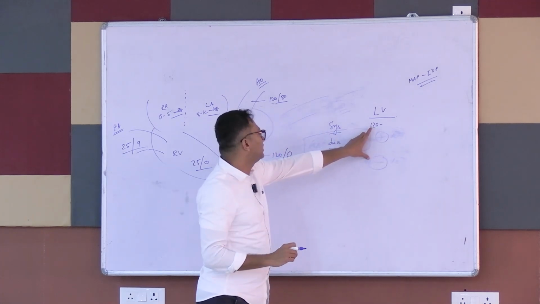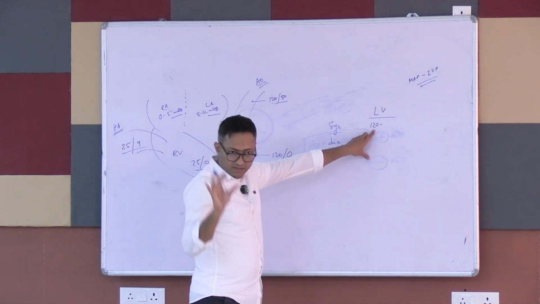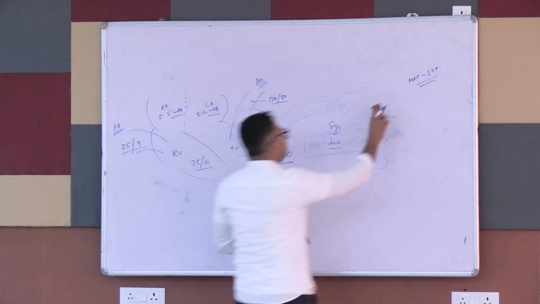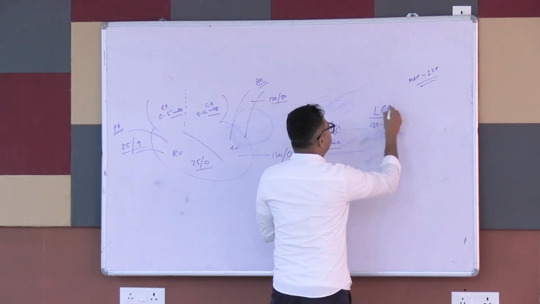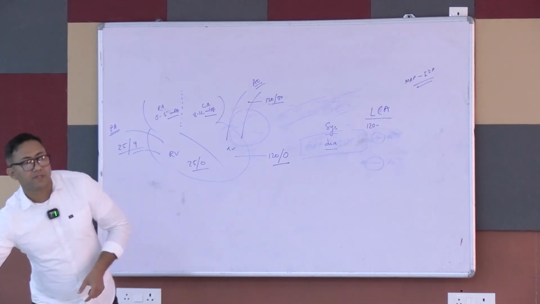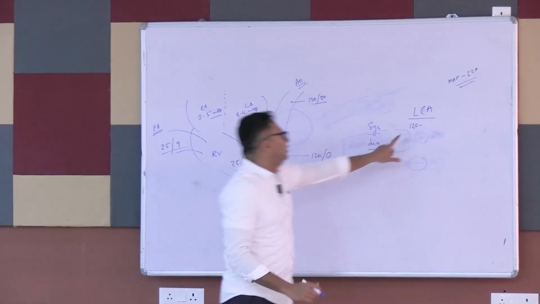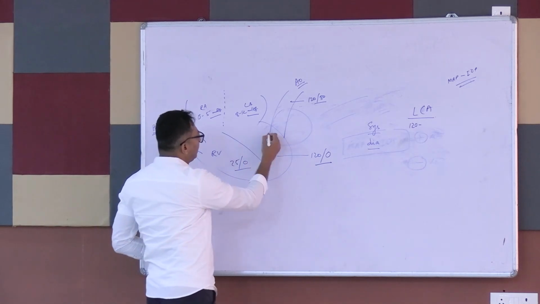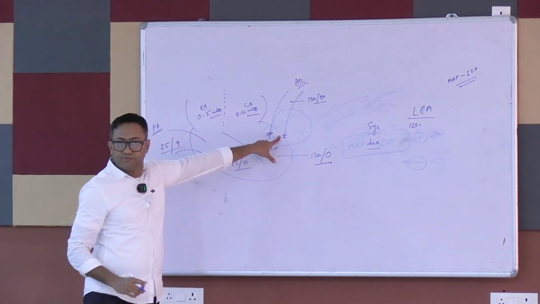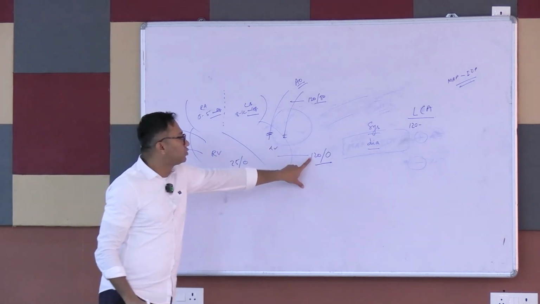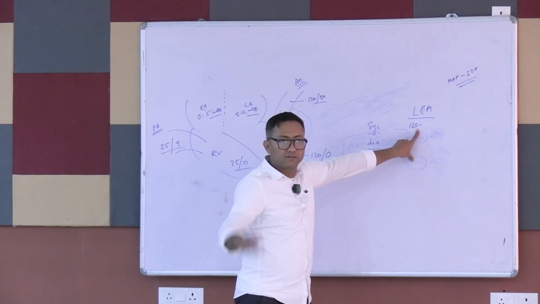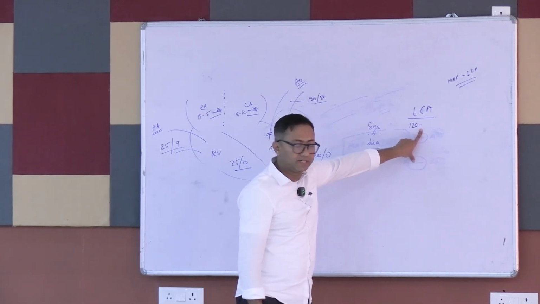So, during systole, what is happening in the left coronary artery? It is not the left ventricle, it is actually the left coronary artery, LCA, right? Because your coronary arteries are originating from the base of the aorta, correct? So, during systole, this 120 millimeter of mercury is trying to send blood to the left ventricle, right?